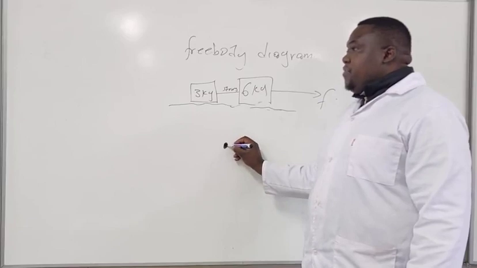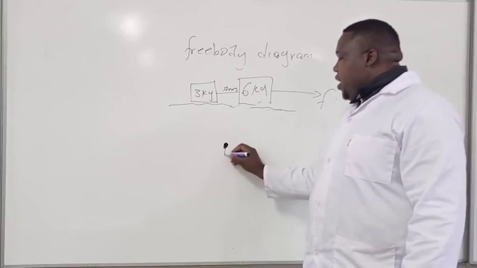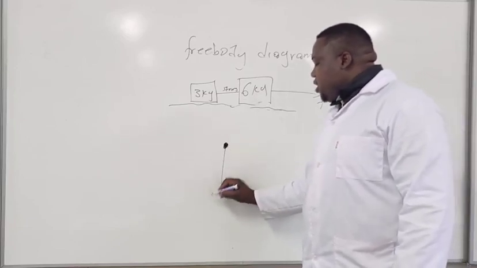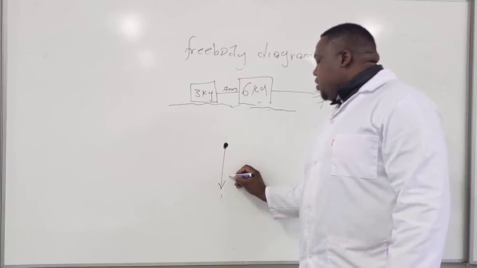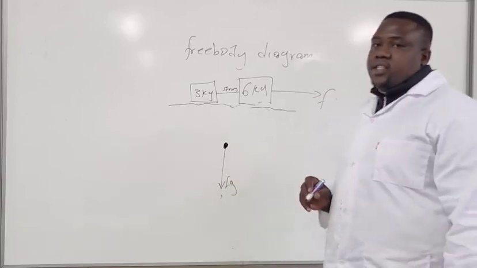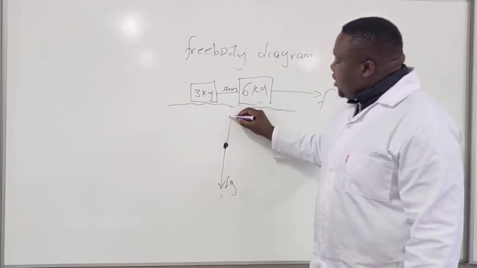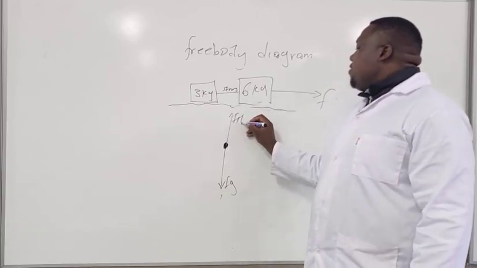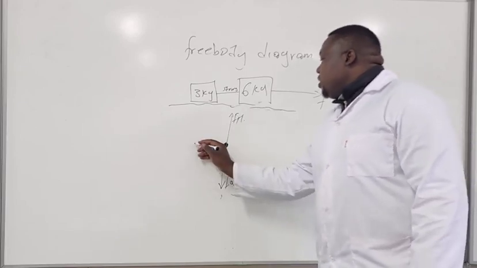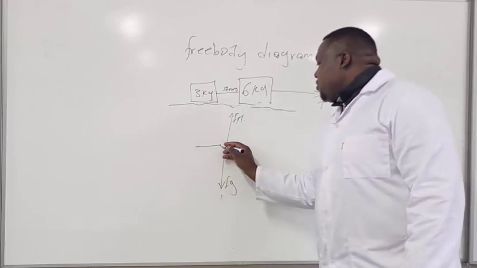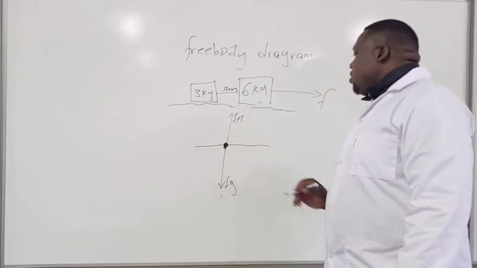We draw a very nice dot, then we draw a line pointing vertically down, and we call it Fg, the gravitational force. We draw another line which is the normal force.